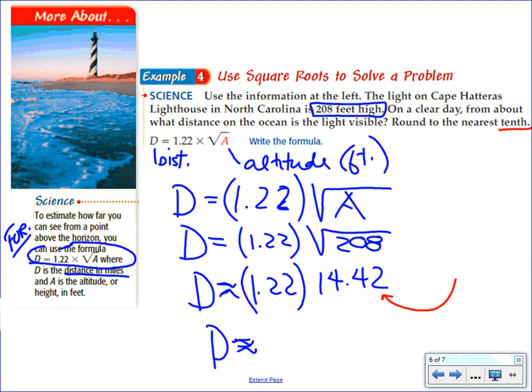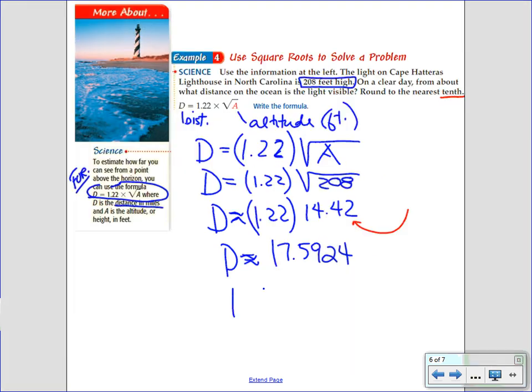I find out that it is approximately 17.5924, right? And rounded to the nearest tenth, D would be approximately 17.6. 17.6 what, guys? Miles, that's right.